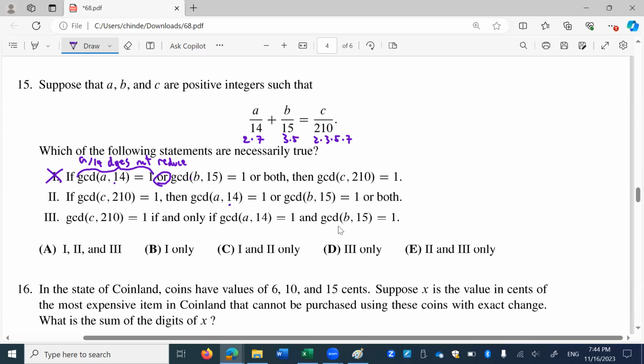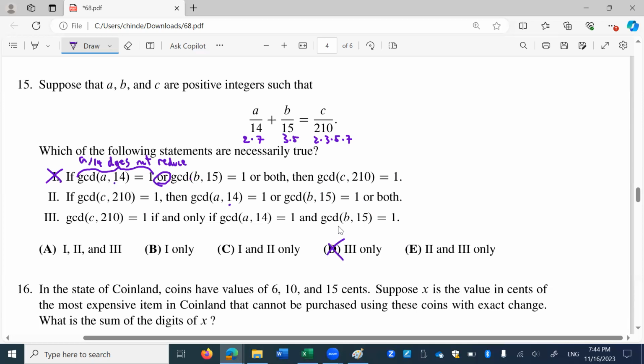Well, if 3 is true, then 3 implies 2. 3 implies a special case of 2, right? 3 is like a stronger version of a special case of 2. And so let's look at our options real fast.